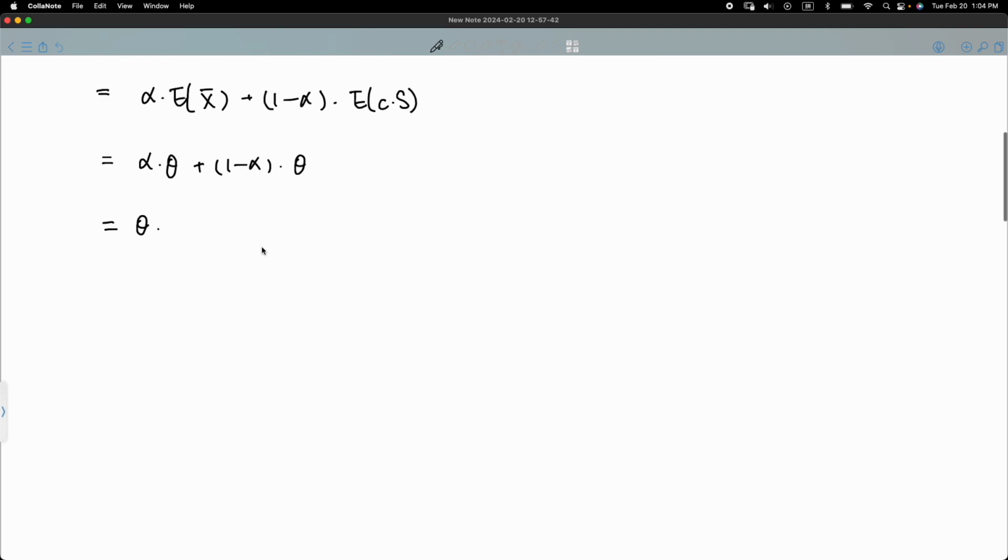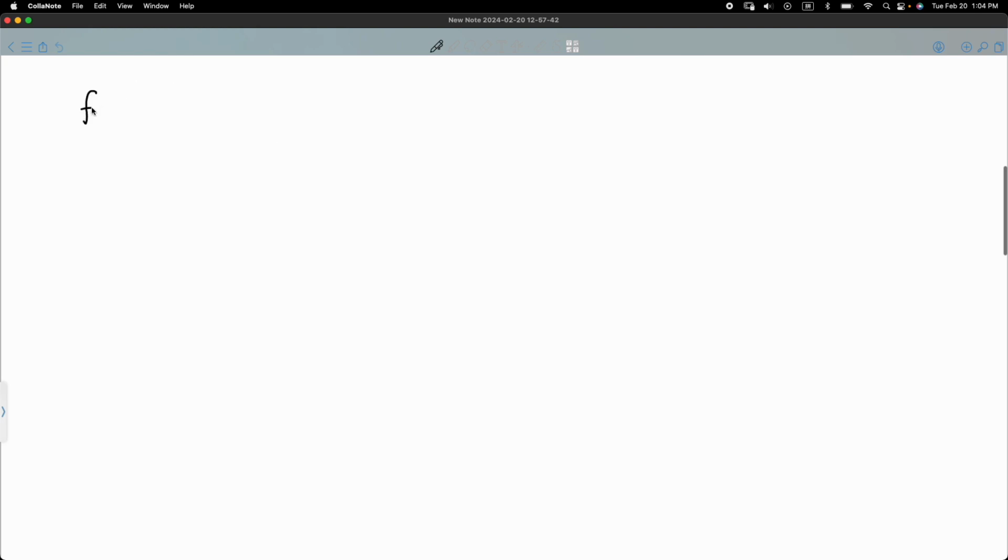Then for the second part, we need to find alpha such that we have the minimum variance of that particular form. So we need to calculate the variance of alpha x bar plus 1 minus alpha times c multiplied by s.